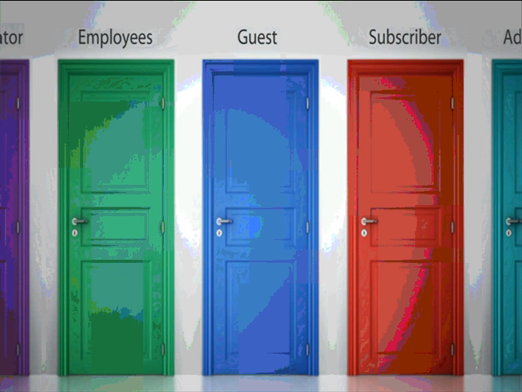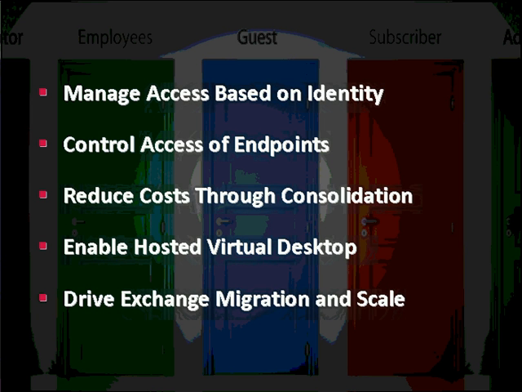We've been reading, and it's pretty bad now. And so it's business critical that only authenticated users gain admission and that they only access the resources they are authorized to see. And thus, manage access based on identity.